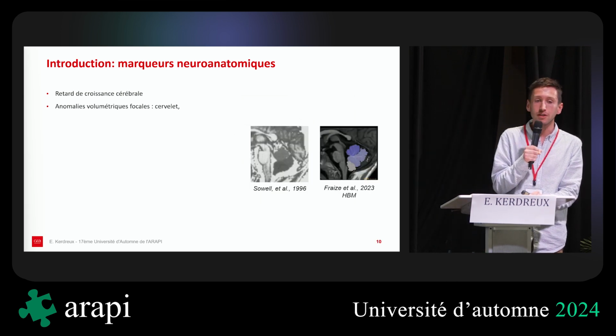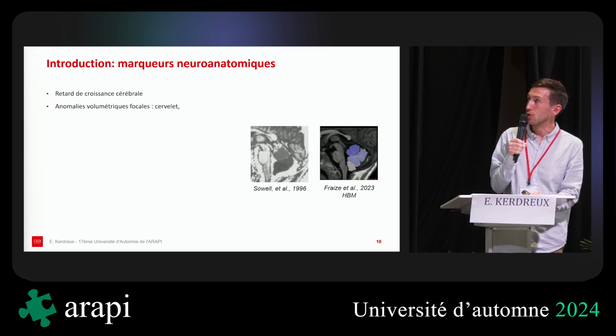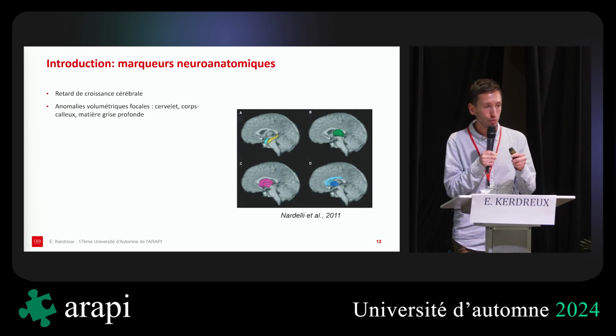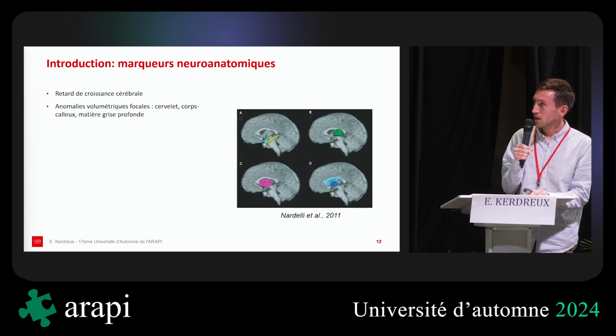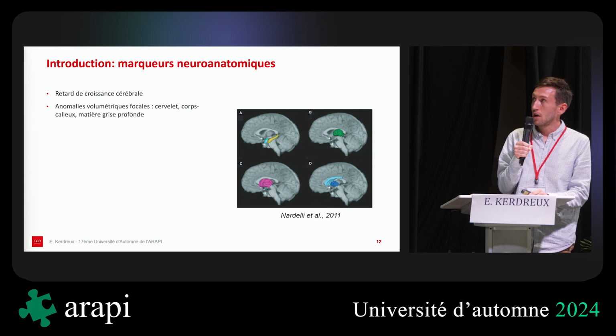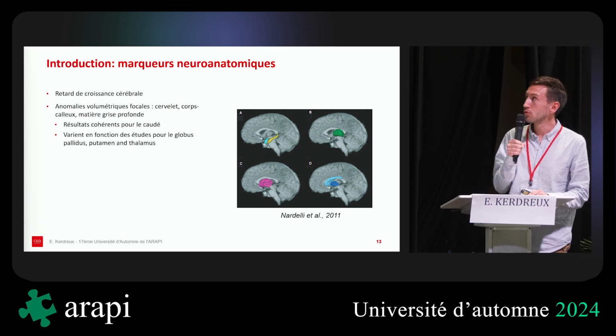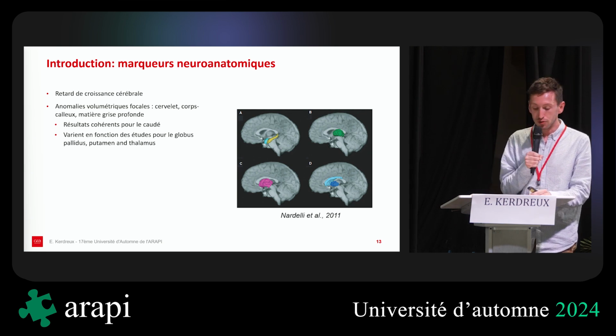In literature, there are other focal anomalies, the cerebellum, the corpus callosum, and the structures in the middle of the brain. And in literature, the results are more or less consistent on the overall impact on the brain.